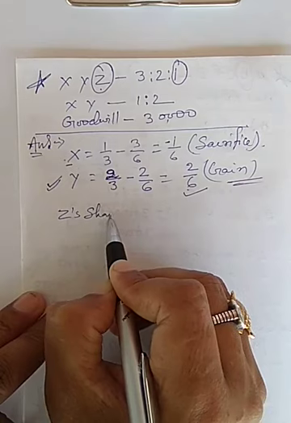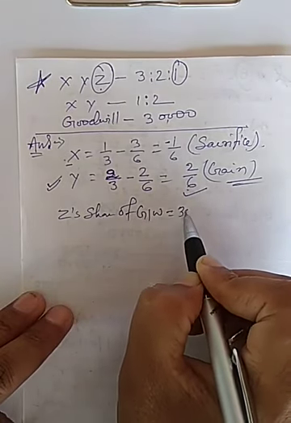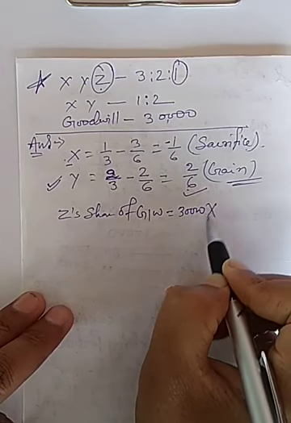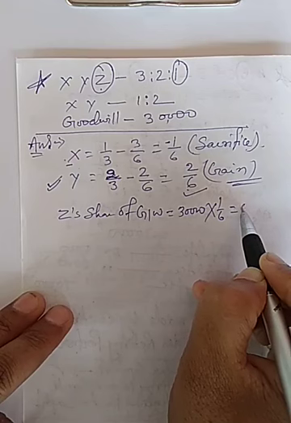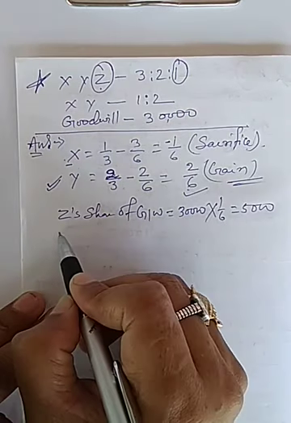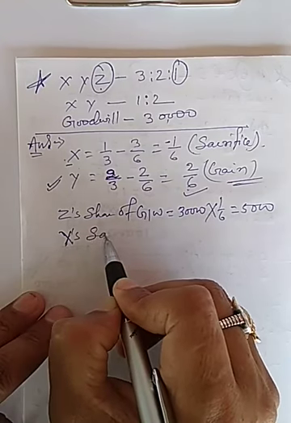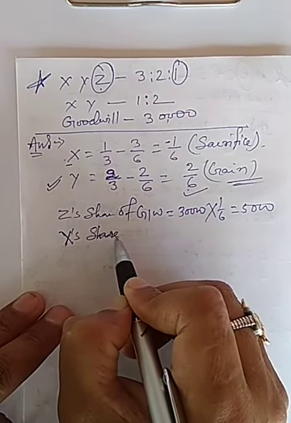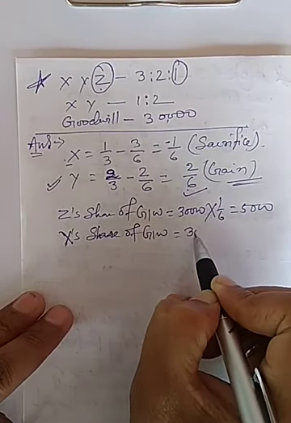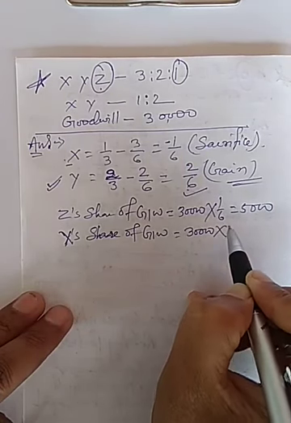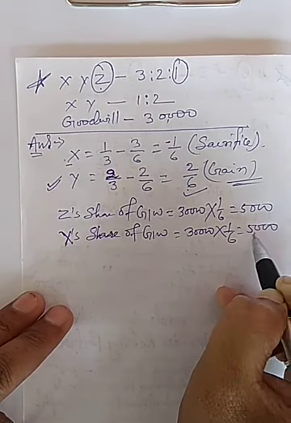Z's share of goodwill equals 30,000 into 1 by 6, it will be 5,000. And X's share of goodwill will be 30,000 into 1 by 6, it will also be 5,000.